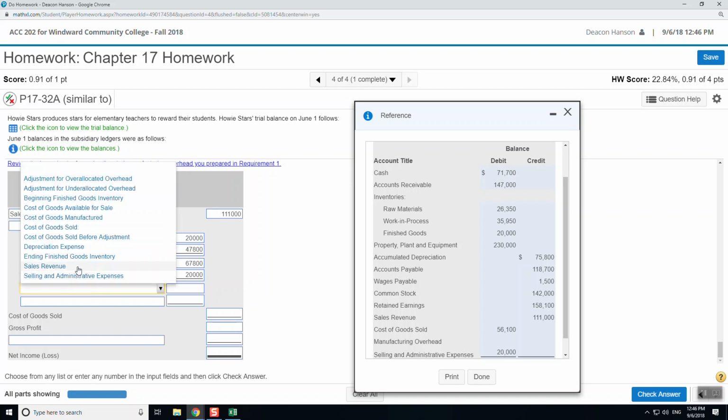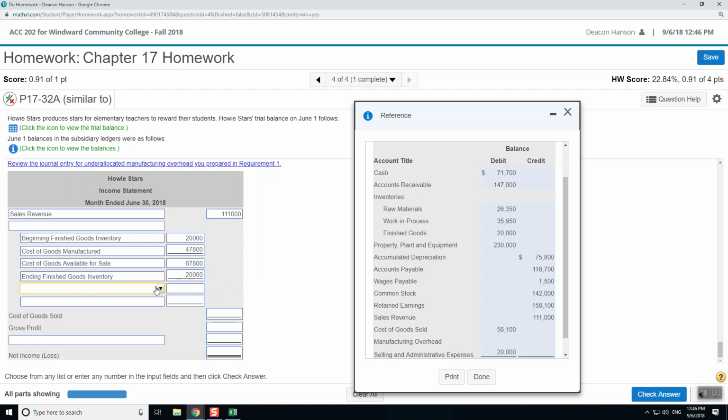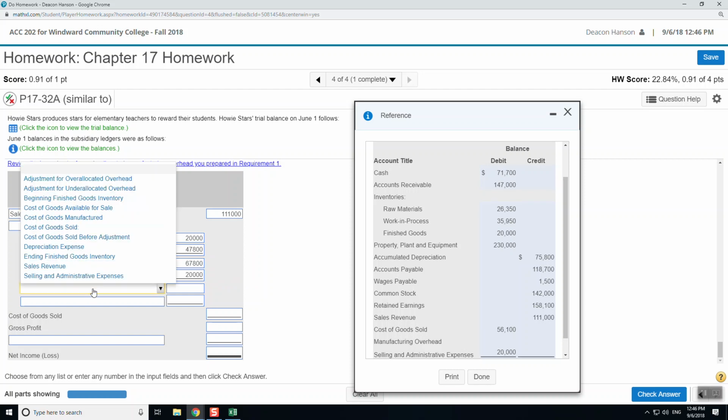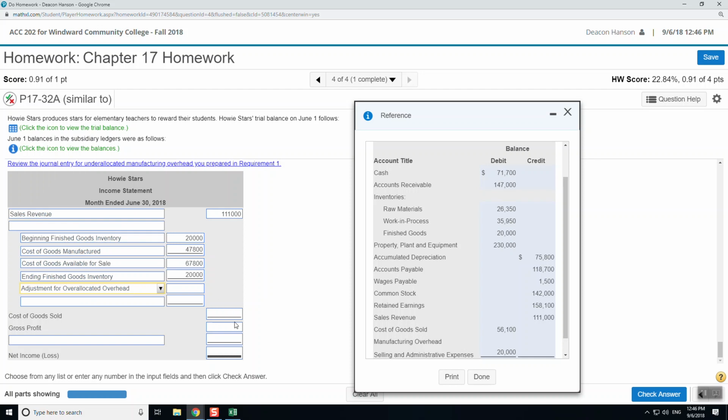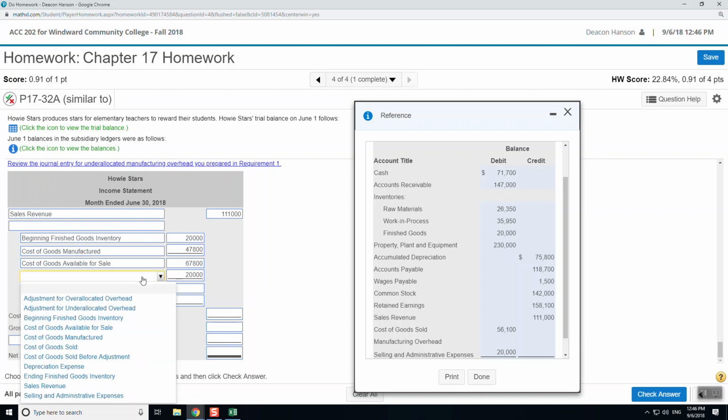What can we call this? They want that adjustment in there, right? We have an adjustment. Well, it's not under allocated, for under allocated. Maybe I put it here.